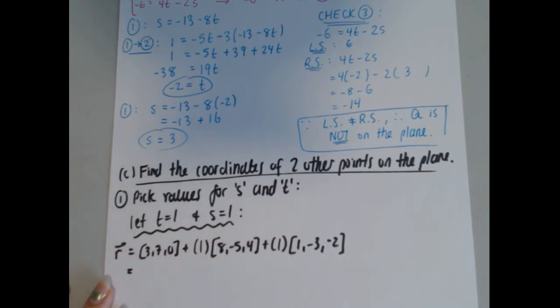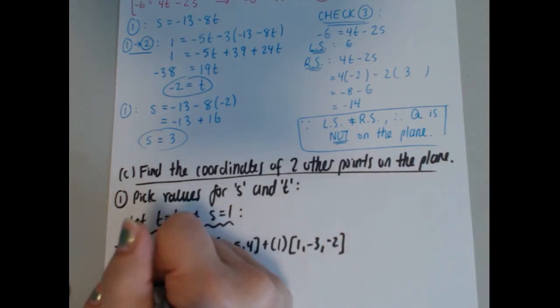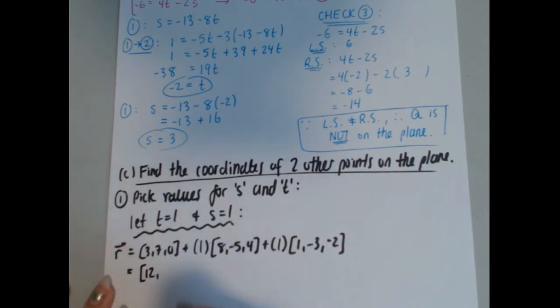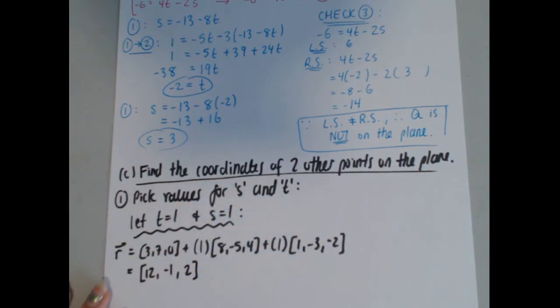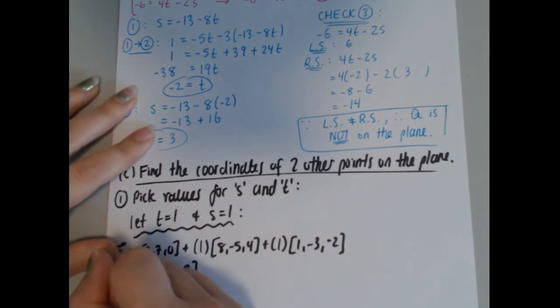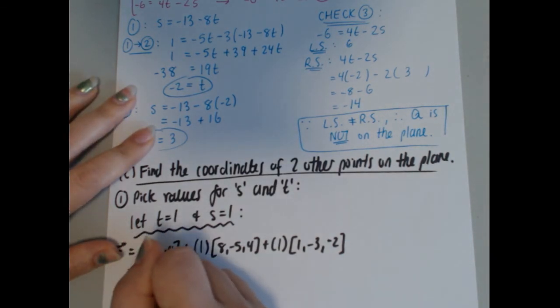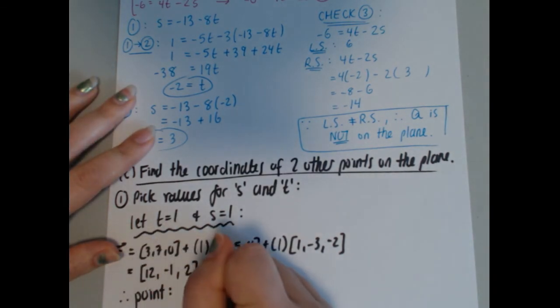So that's 4 plus 8, which is 12. 7 minus 5 is 2. 2 minus 3 is -1. And finally 0, okay, so that's 4 minus 2, which is 2. So the point would be this representation, but with round brackets. So therefore the point is (12, -1, 2).